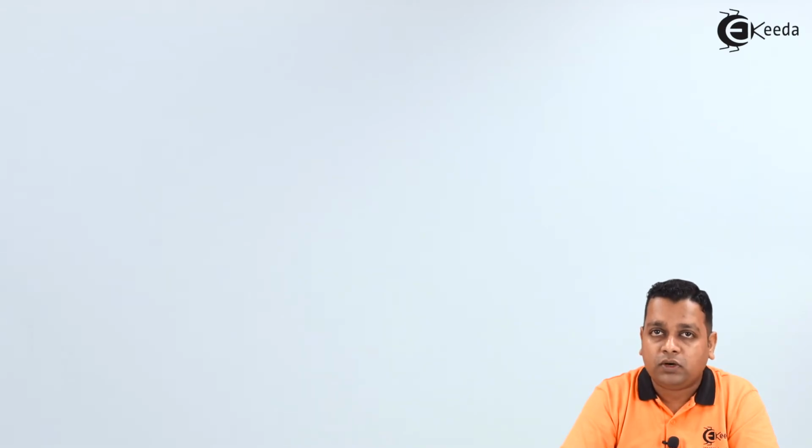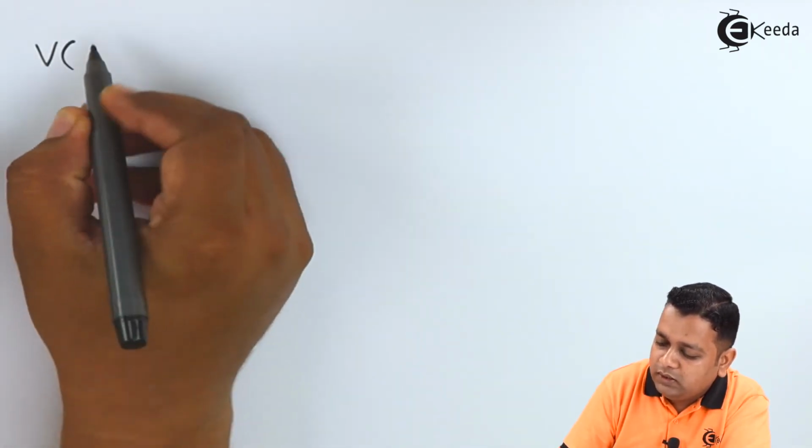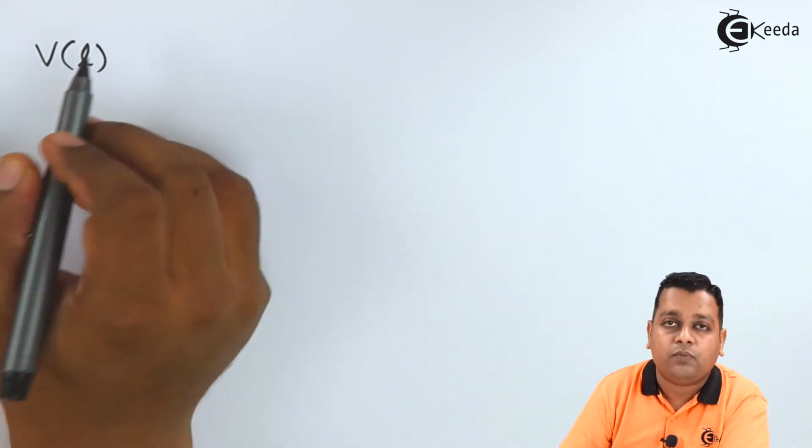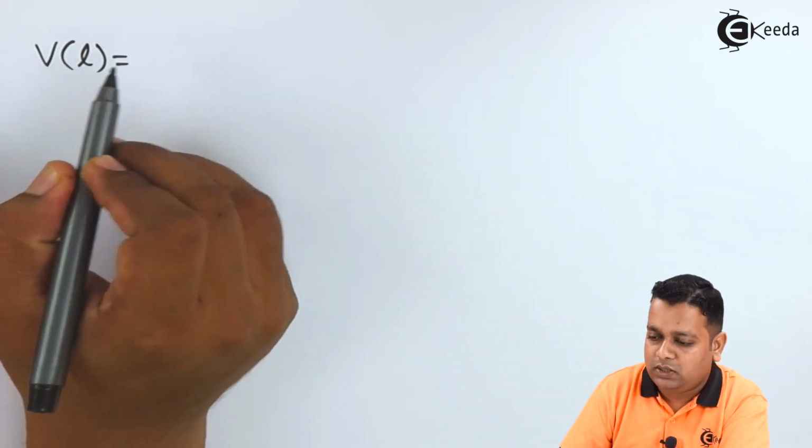So in terms of voltage, the amplified output can be represented by the equation. So that equation will be capital V. In place of Z, I put the output reference point, that is small l, as the length covered here.